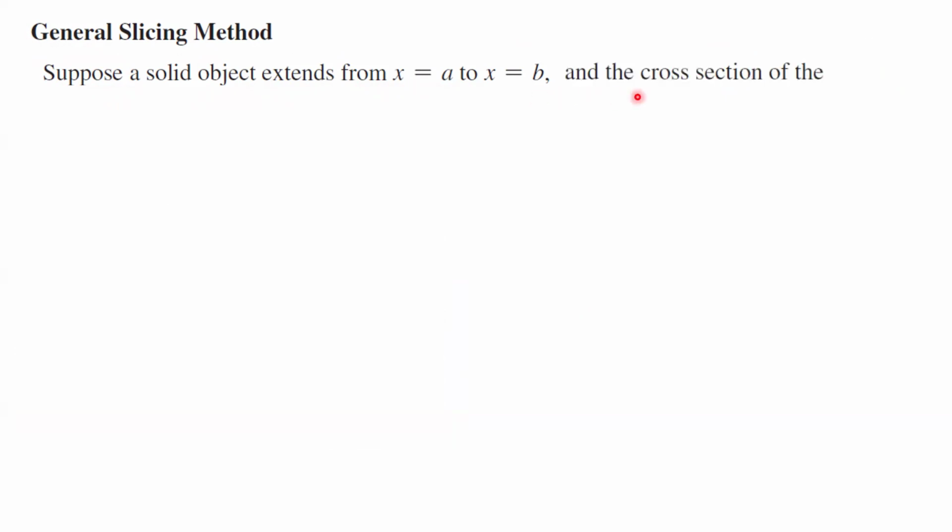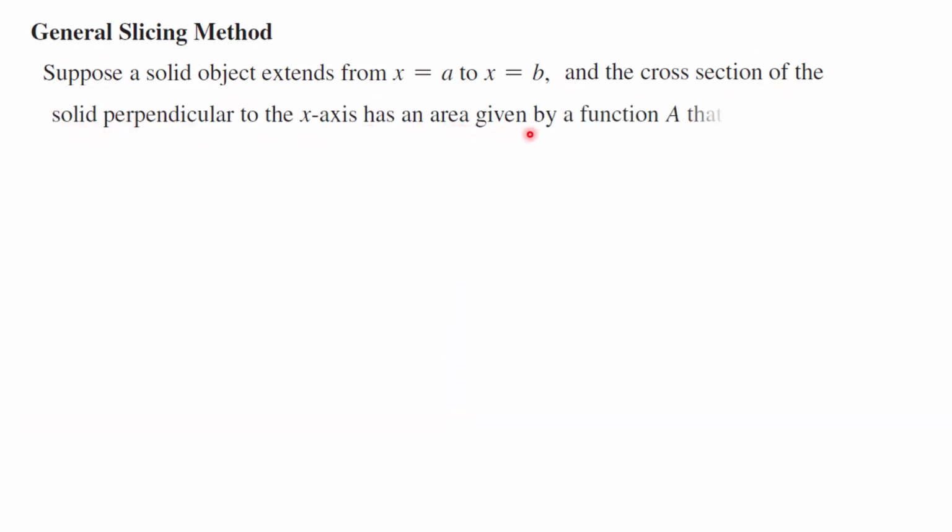In general, when we are applying the slicing method, we assume that you have a solid object which extends from a to b on the x-axis. Suppose the cross-section of this solid is perpendicular to the x-axis and it has an area given by a function like A, which is integrable on the closed interval a to b.